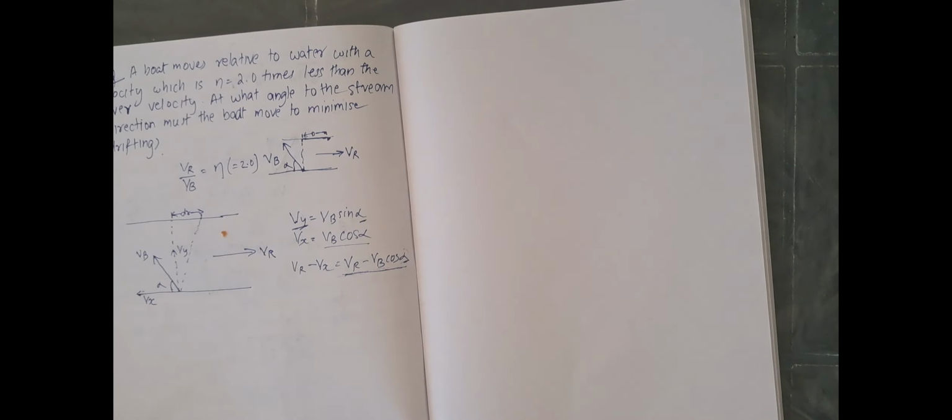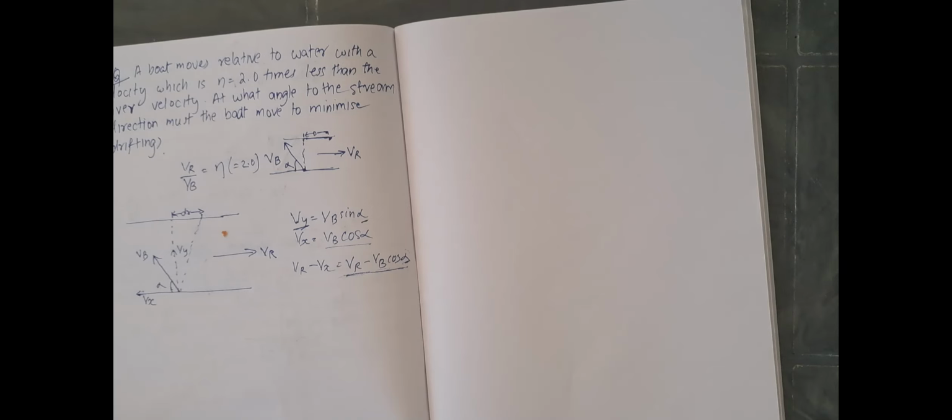Right? So what I'm basically trying to say is, as alpha decreases, there is one reason to minimize the drifting, and as alpha decreases, there is another reason to maximize the drifting.